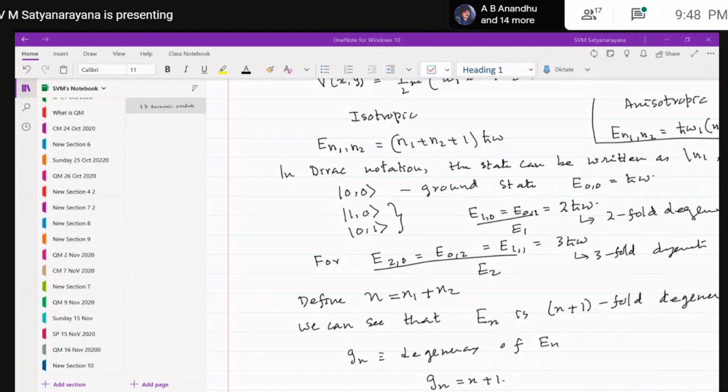Sir, yeah, go ahead. Sir, if you consider two fermions of different masses in the harmonic oscillator potential, how can we find the first excited state?